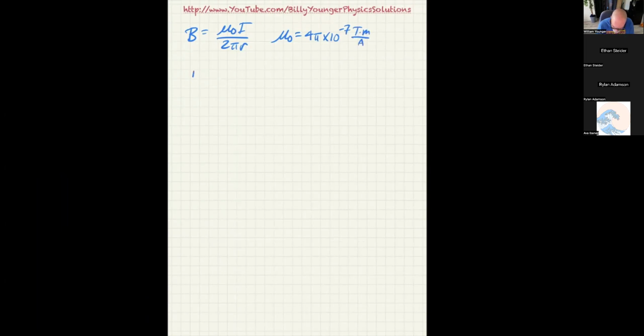The other equations we have are F is equal to QV cross B, and F is equal to IL cross B, but that only works if B and L are basically uniform. In other words, L points in one direction, the wire is long and straight, and the magnetic field is uniform.